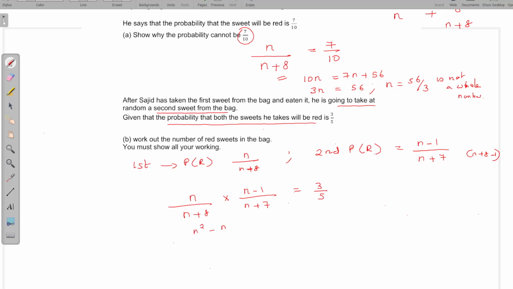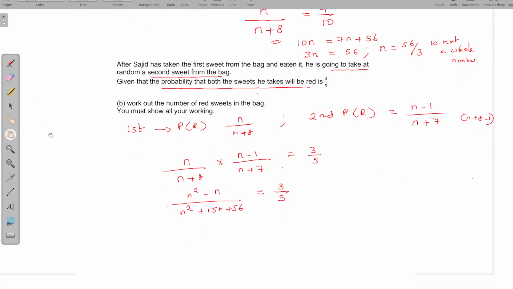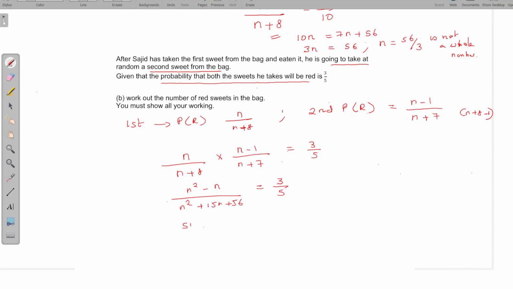Expand it, that's n squared minus n over n squared plus 15n plus 56 is 3 over 5. We can cross multiply it. So that will be 5n squared minus 5n is equal to 3n squared plus 45n plus 168. Bring everything to this side. 5n squared, that's 3n squared, becomes 2n squared minus 5n. Bring the 45n this side, sign changes, minus 50n minus 168 is 0.